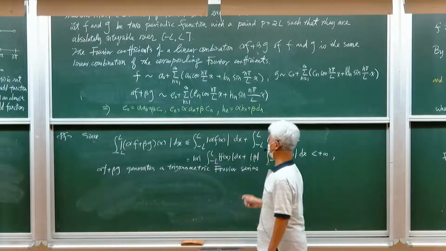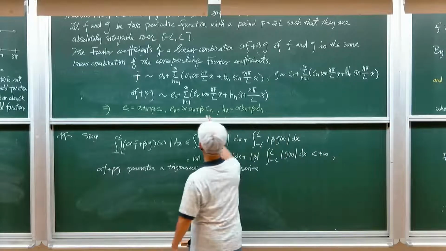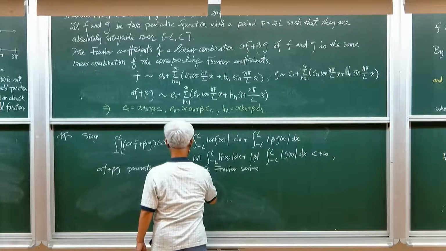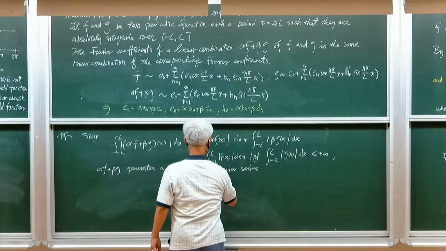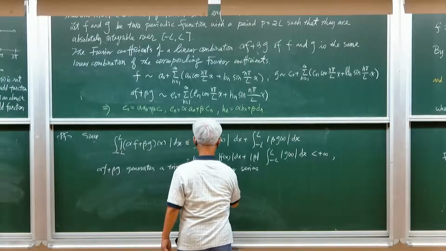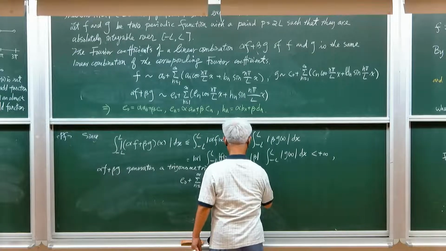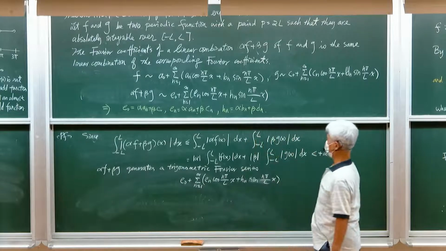Okay, so it generates a series, which we just say E0 plus summation of En cosine n pi over L x plus Hn sine.